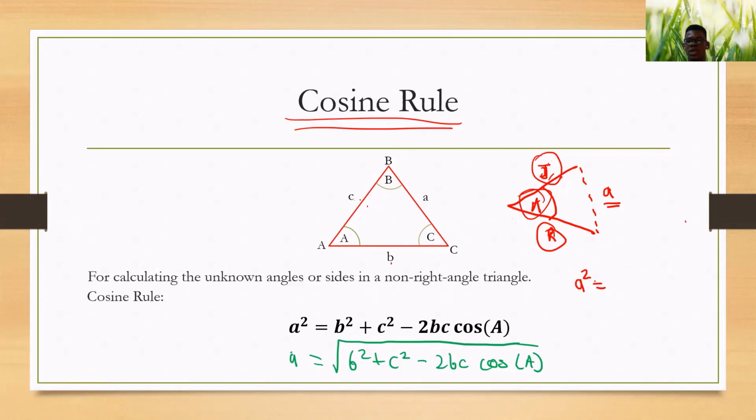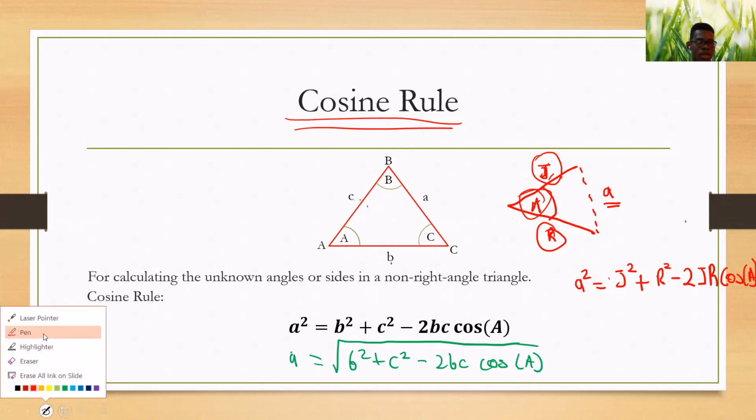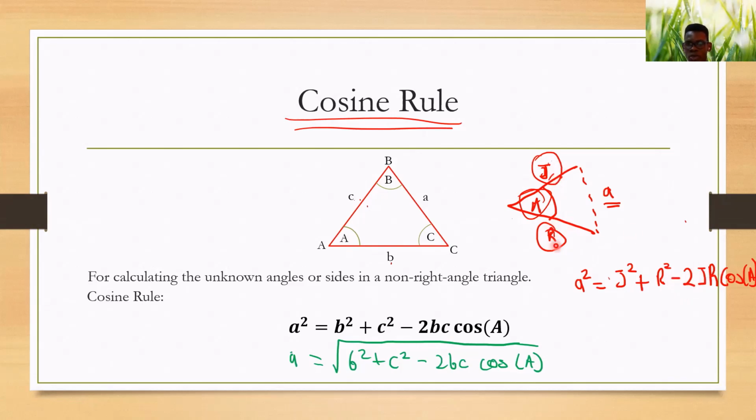The cosine rule is telling you that this unknown side squared is equal to the square of one of the sides on the V, plus the square of the other side, minus 2 multiplied by one side multiplied by the other side, multiplied by cos of the angle within that V. That's how you remember the cosine rule: the sum of the squares of these two sides, subtracted by 2 times these two sides, and then cos of the angle in between those two.